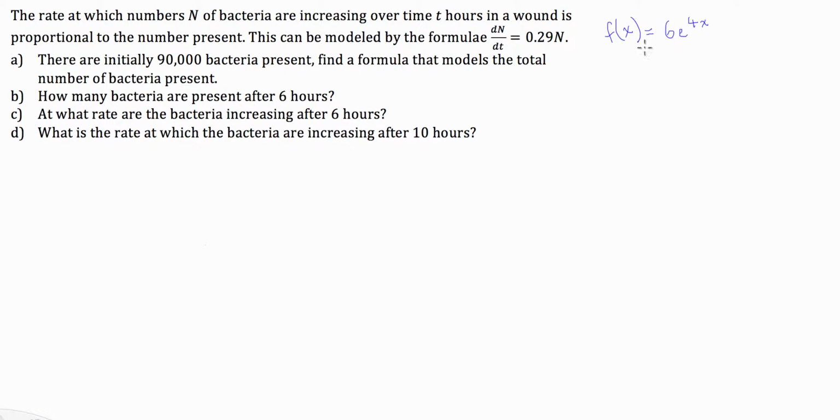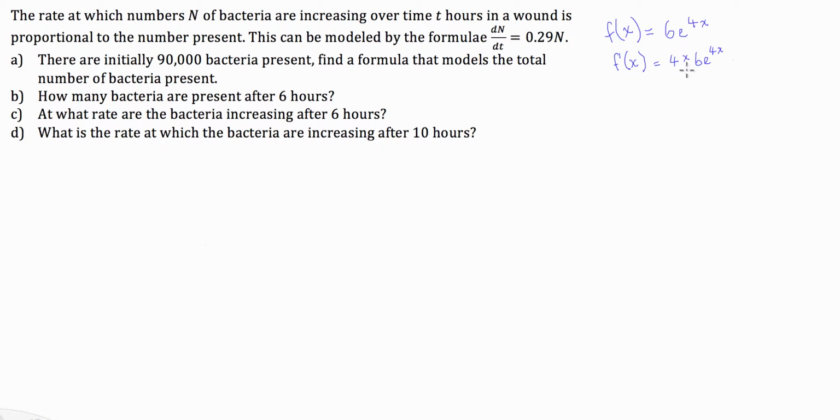If we were to differentiate this, the derivative of an exponential function is itself. That's one of the features. And because of the function inside here, we use the chain rule, so we multiply by the derivative of the inside function, which is 4. So this is going to be 4 times 6e^(4x).